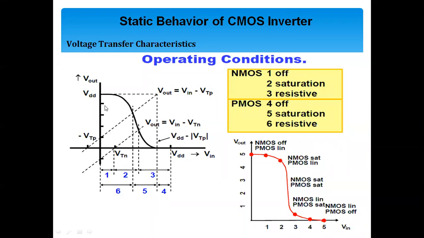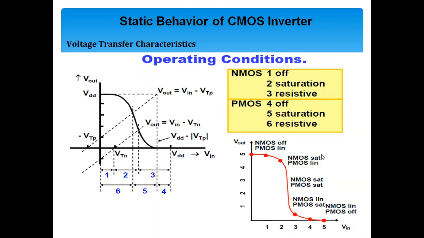In this first region, the PMOS is in a linear region and NMOS will be off, that means in a cutoff region. At this second point, the NMOS is in saturation, PMOS is in a linear region. This curve has five different regions of characteristics.